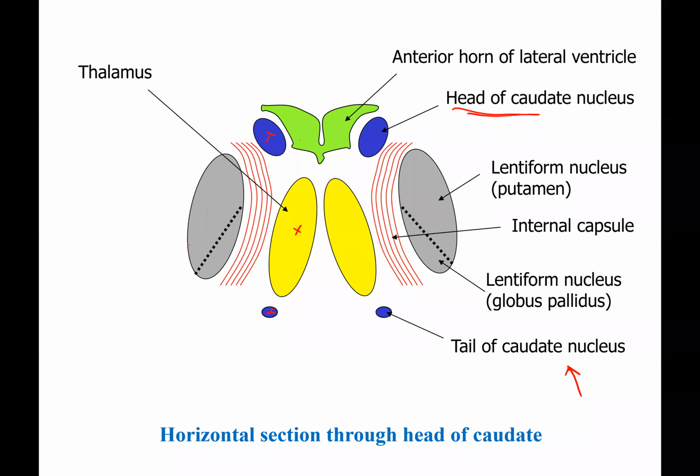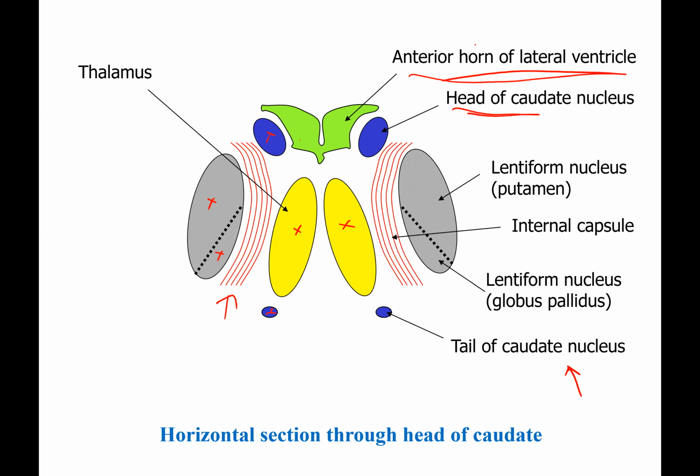Then you have the putamen and globus pallidus, the parts of the lentiform nucleus. I said this is the thalamus, and you have the internal capsule here with its anterior and posterior limbs and the genu. And you can see the anterior horns of the lateral ventricles, medial to the caudate nucleus. We will come back to it.